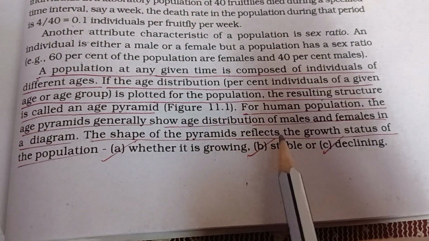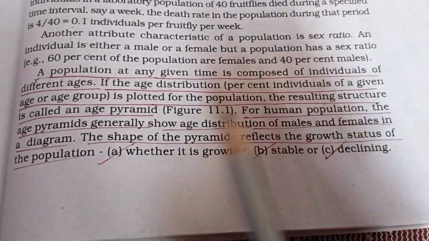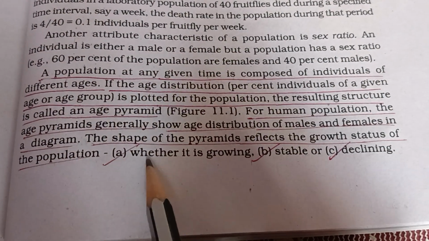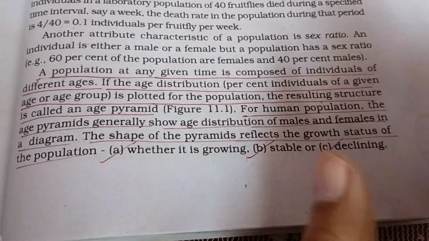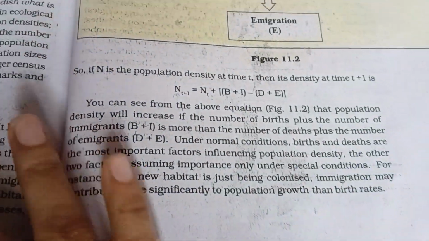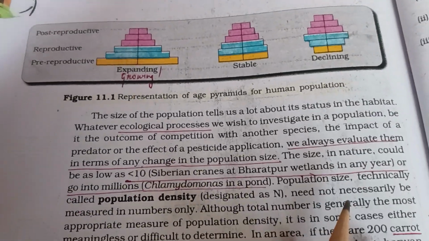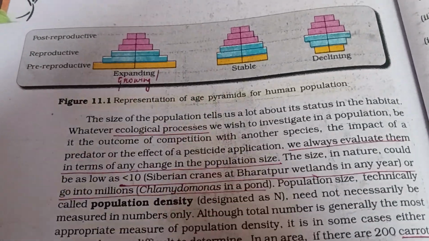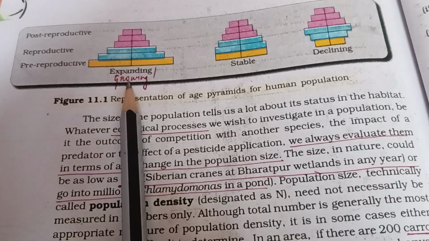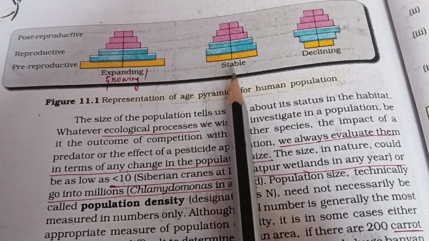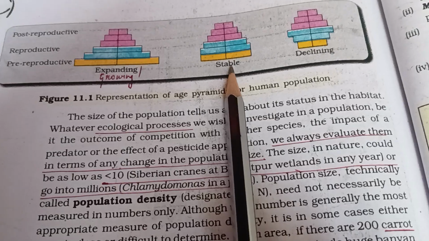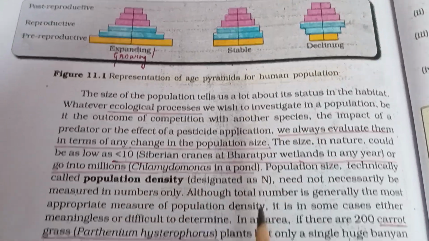The shape of the pyramids reflects the growth status of the population, whether it is growing, stable, or declining. So, this is the diagram of an expanding or growing age pyramid, and this is stable and this is declining.